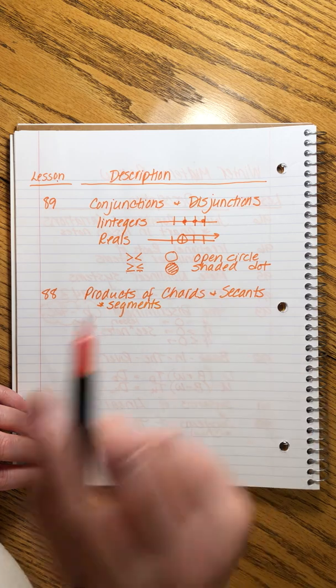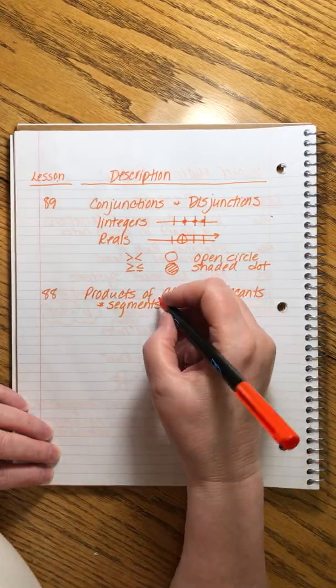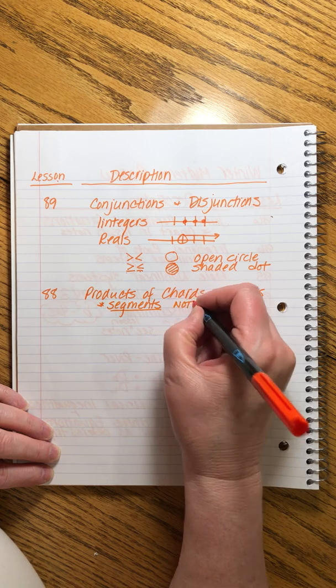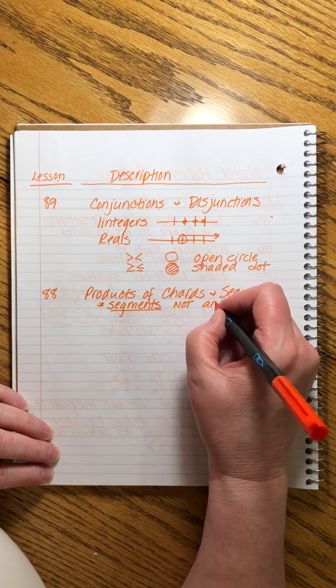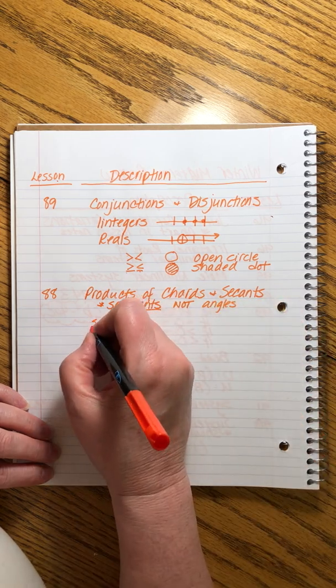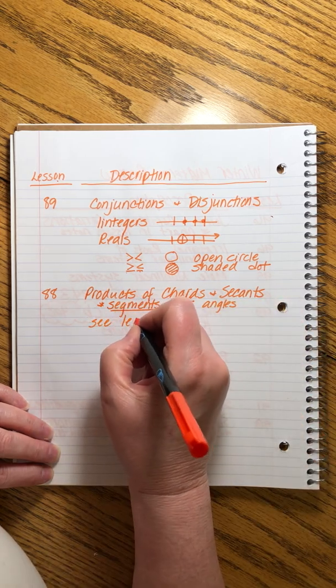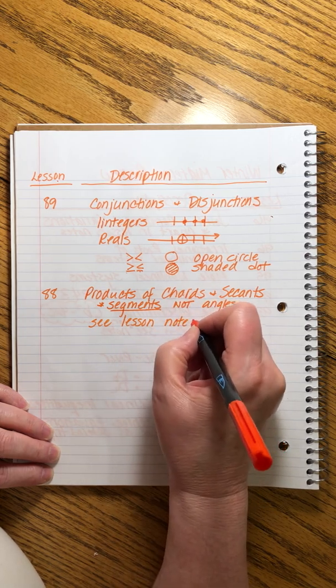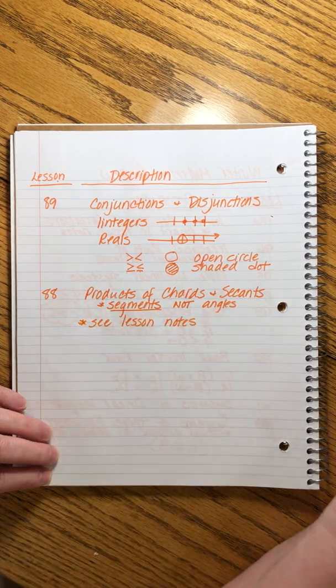Sometimes we talk about how to find the angles on circles with chords and secants, but this is when we're focusing on the segments, not the angles. And I want you to look at the lesson notes for all the details on that. It's too much to recap here.